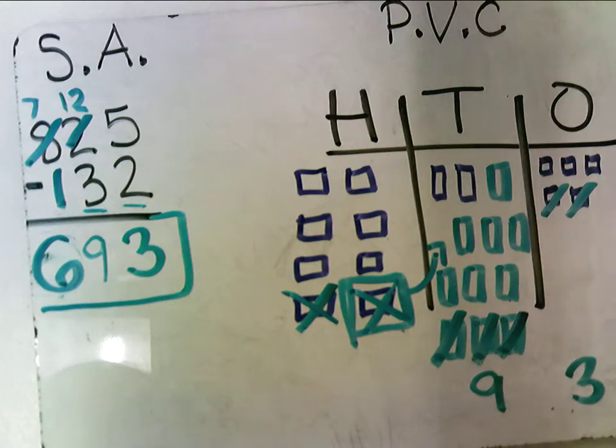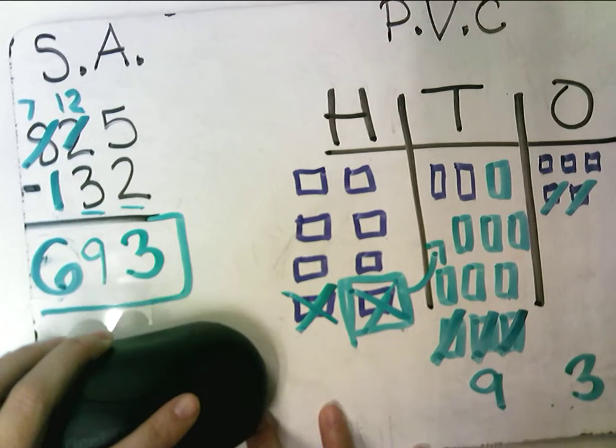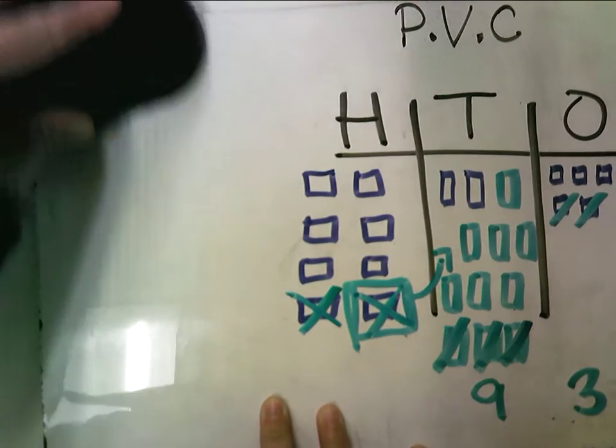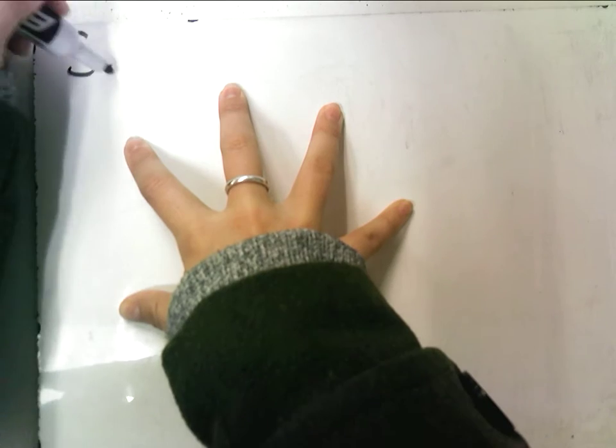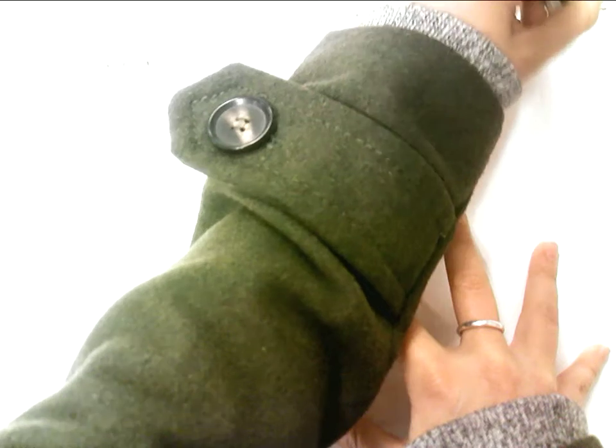All right, now we're going to quickly do one where we decompose two different numbers. So erase your whiteboards. At the top, you're going to write SA, and you're going to write PVC, so we can decompose 2 times. So SA, PVC.